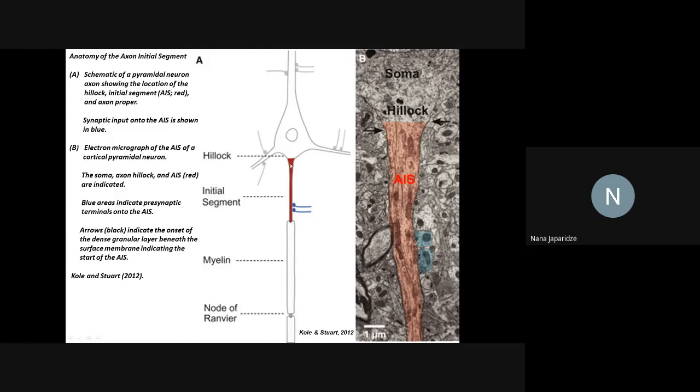In the initial segment the nerve impulse is finally triggered and initiated. That is why very often you can identify axo-axonic synapses in this part, because these axo-axonic synapses are very often inhibitory too. And this way, they modulate the activity of this neuron.